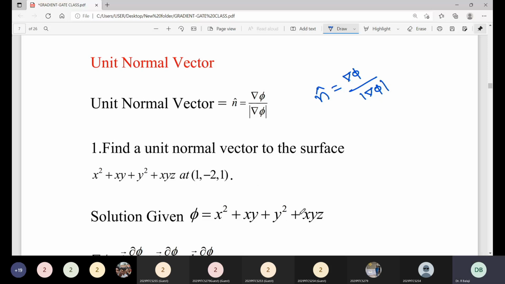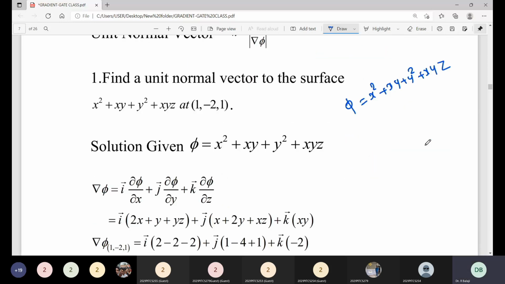Given pi is equal to x square plus xy plus y square plus xyz. Now del pi. First we are partially differentiating with respect to x. We will get 2x plus y plus yz. So that is the answer here we are having.